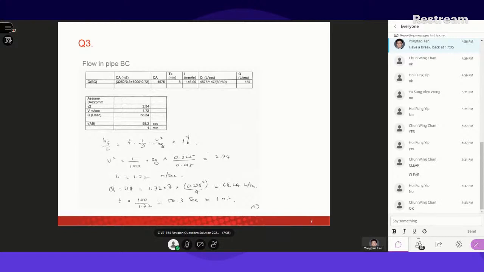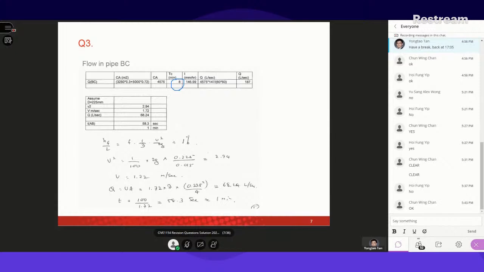Both subcatchments contribute to pipe BC, but you need to determine the time of concentration. The longest time of concentration is 7 minutes.